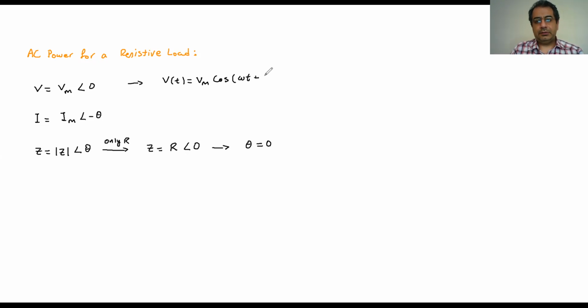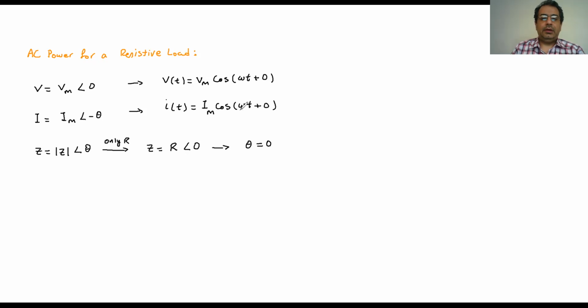The same for I of T, converting from phasor to time, it's I max cosine omega T, again plus 0 because theta is 0.